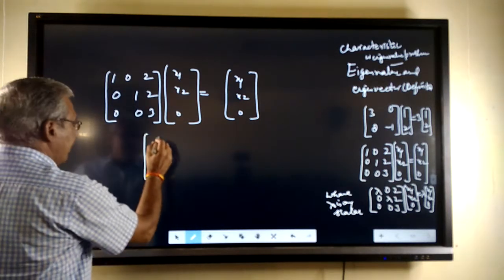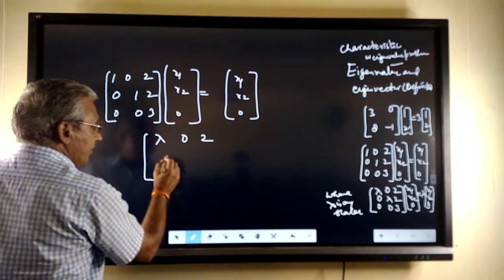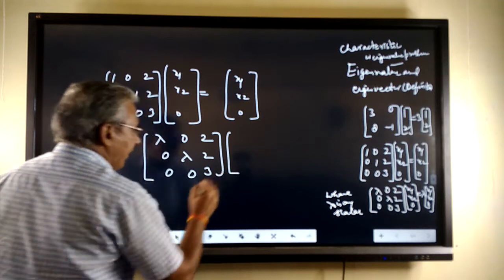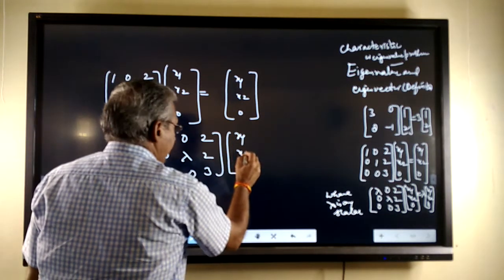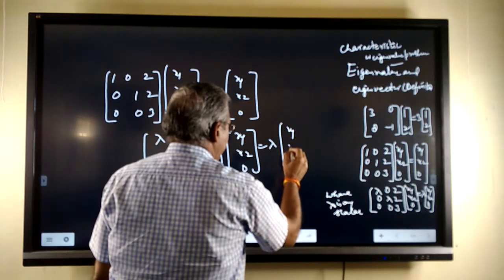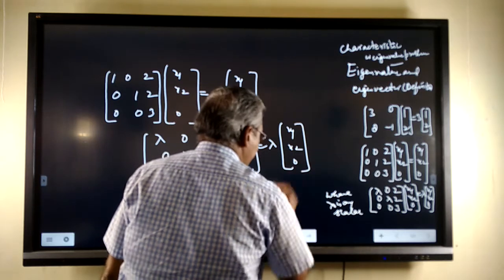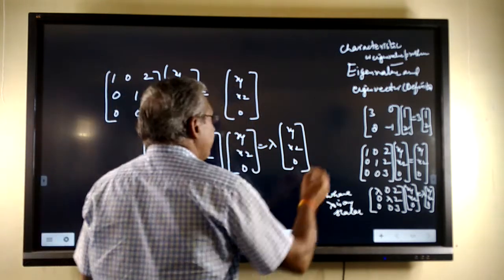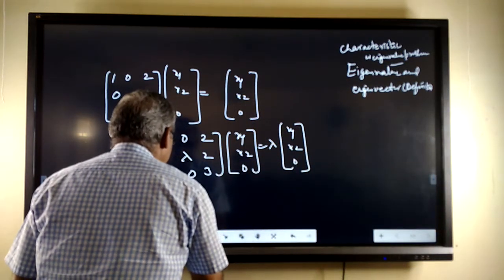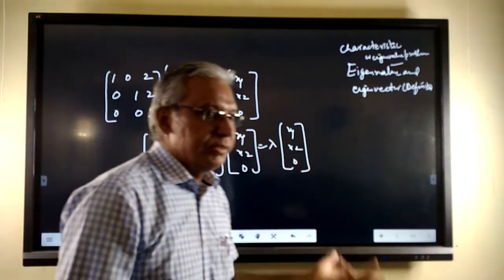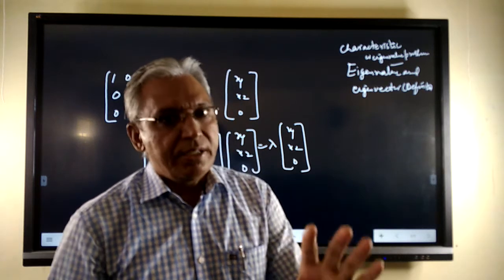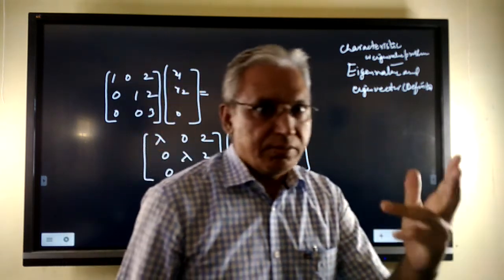Similarly, if we take the coefficient matrix [lambda, 0, 2; 0, lambda, 2; 0, 0, 3] and the vector (x1, x2, 0), then we get lambda times (x1, x2, 0). It means we observe that there are some vectors which transform the given vector into itself.